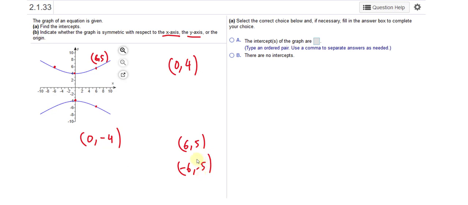Do I have this point? Let's check. Minus 6 is right here. Minus 5 is around here. So yes, we do have the point with minus x, minus y. So yes, we do have symmetry about the origin as well. So all three of them.